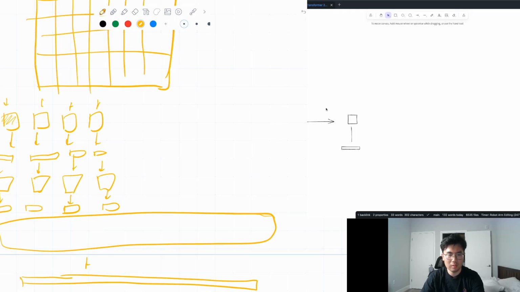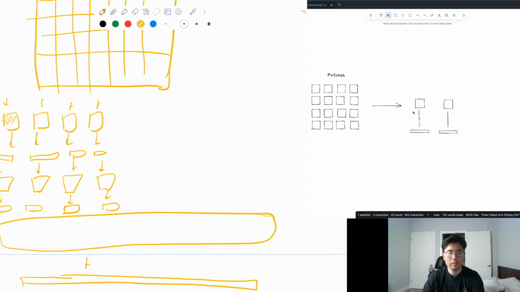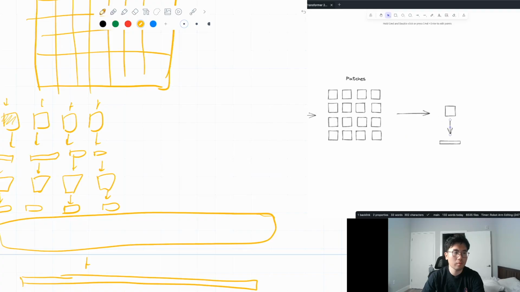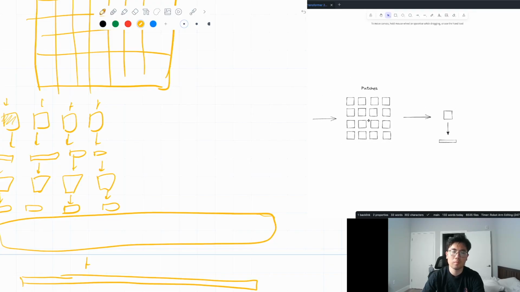I guess I should just duplicate this. And I want this to be an arrow, but it's too big. Can I make this smaller?